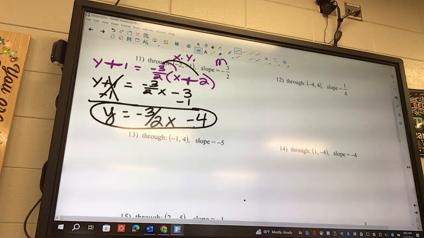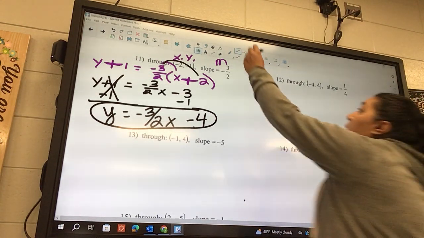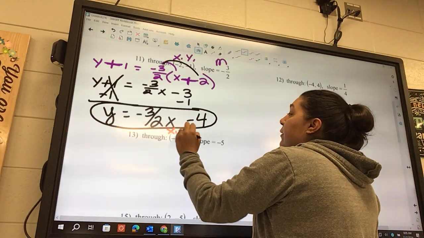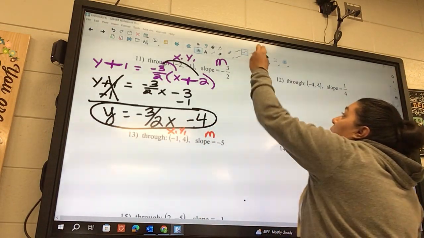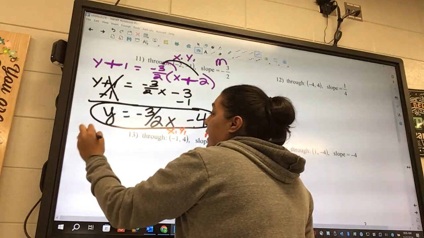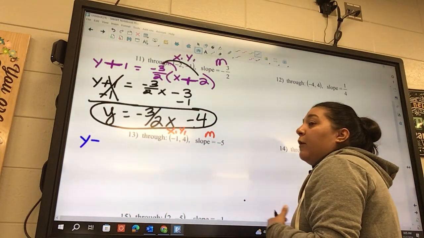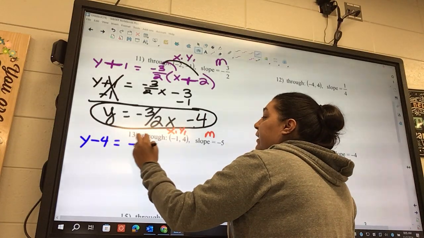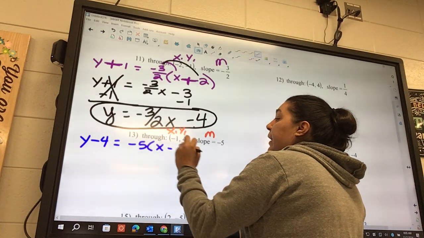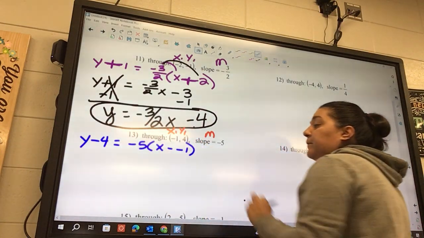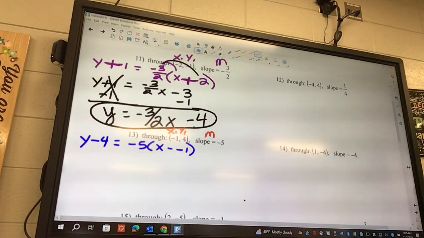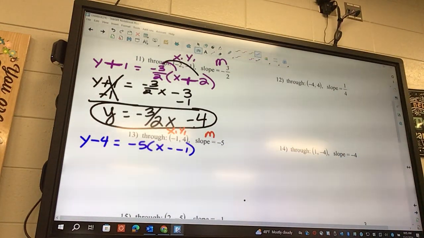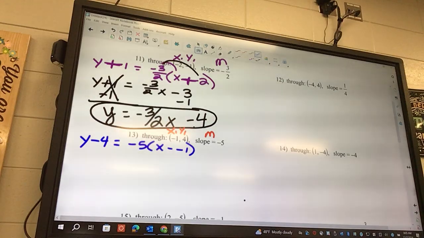Okay, so look at 13, we're gonna go ahead and label x1, y1, and my m. Okay, so we're gonna say y minus my y1 is 4, equals my m is -5, x minus my x1 is -1. Okay, do we have any minuses? Yes.